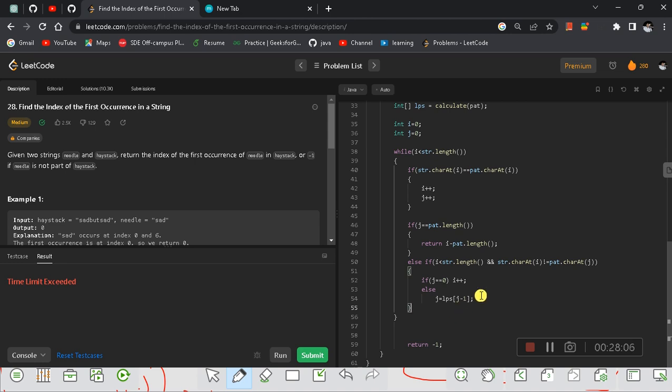If the character at i and the character at j, okay, I'm writing here i, but I have to write here j. Let's see now. I'm having some small mistakes. So okay, now it's working. You can see here, and let me just submit it.